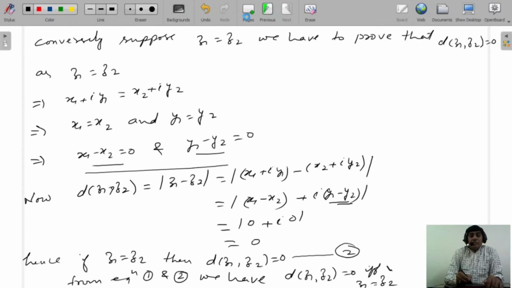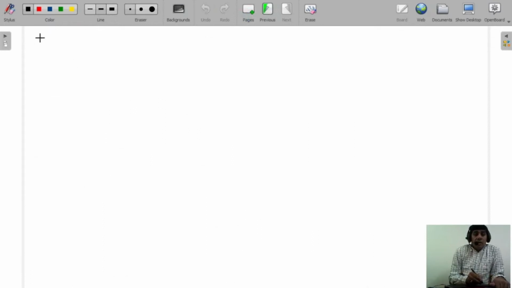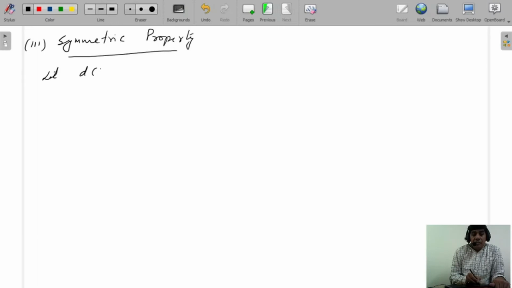The next, third property, symmetric property. Let d(z1, z2) is equal to modulus of z1 minus z2, which is equal to modulus of minus (z2 minus z1).